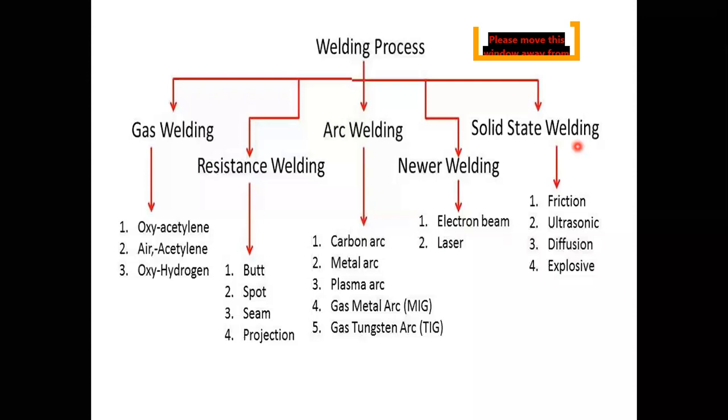Okay, so in this way we categorize in two ways: fusion welding and pressure welding. Under fusion welding, you can see this is also shown here, but I will explain. In fusion welding, you can categorize arc welding and oxy-fuel welding, which is called gas welding.